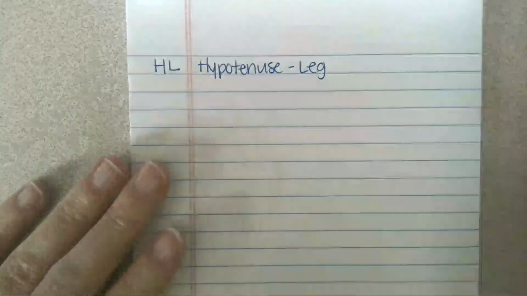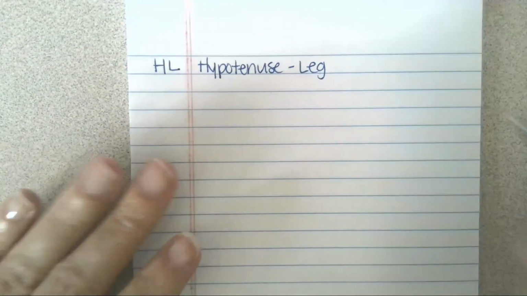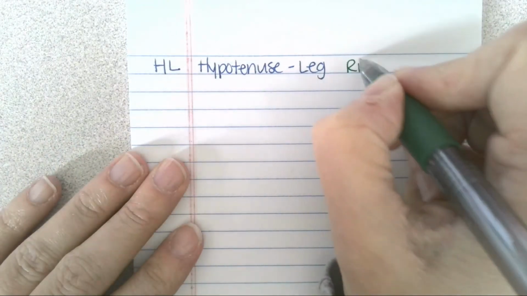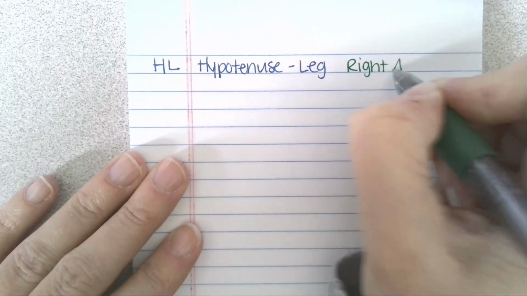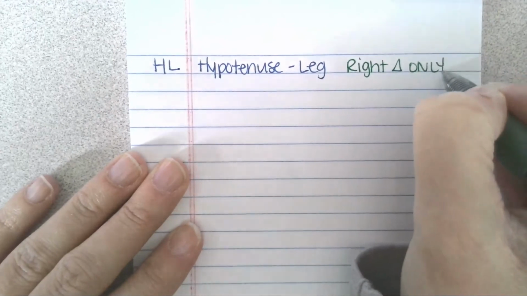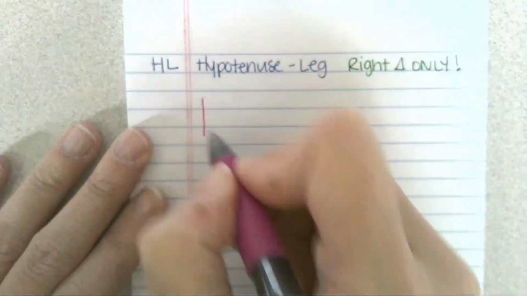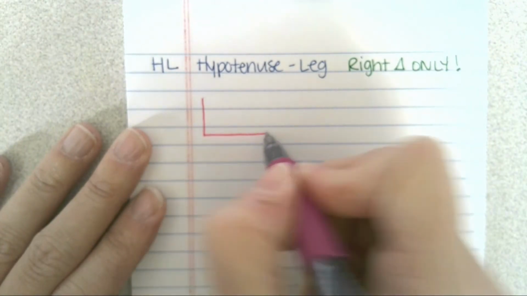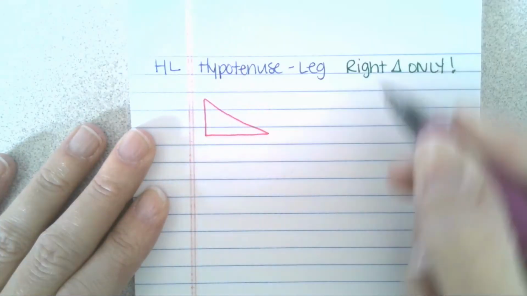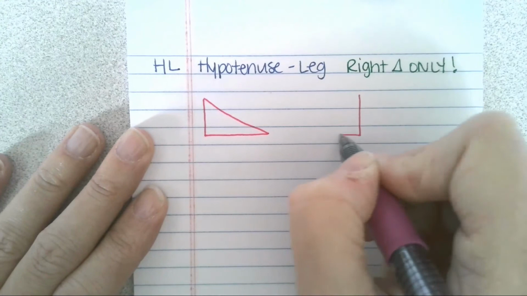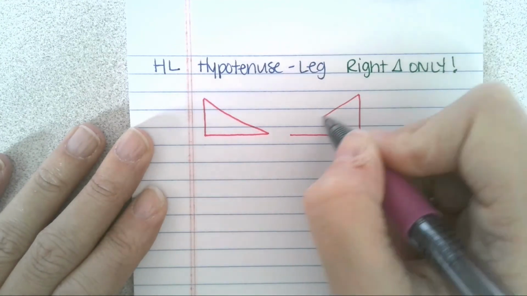Now, hypotenuse leg is very specific. It is for a right triangle only. So in a right triangle only, if you have the hypotenuse and one leg, then you can prove that the triangles are congruent.